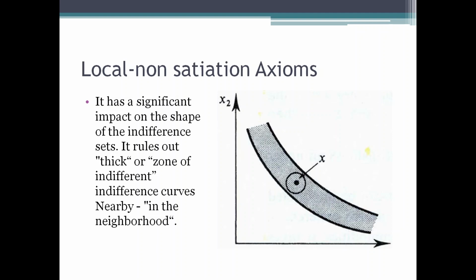And this is not the case. We always say that the higher the curve, the higher the preference and the higher the utility. So this axiom rules out such a case. It says that an indifference curve is simply one simple, single, smooth curve. There are no thick curves.